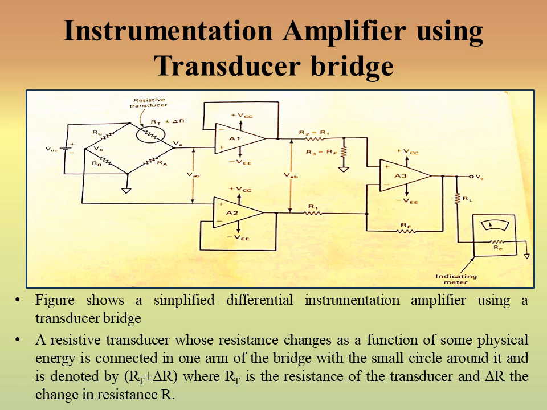And why will this change be produced? This change will be produced according to the physical quantity that it is connected to. So if the physical quantity changes, then the resistance of this transducer starts changing. So the change is represented by delta R.